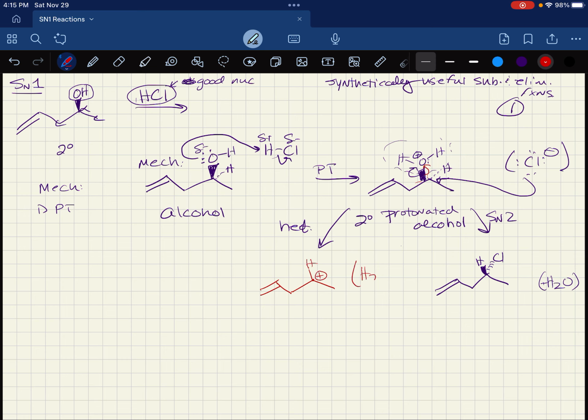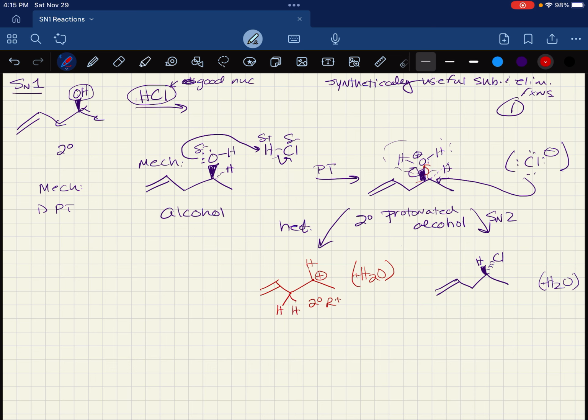And we've lost our water, and now we have this secondary carbocation. And we know the secondary is better than primary. However, it is a carbocation, so we do need to check for rearrangement.